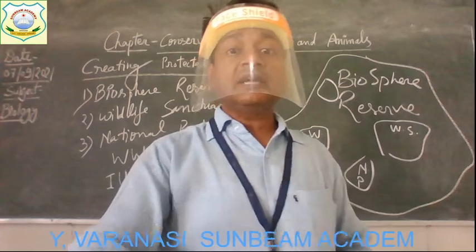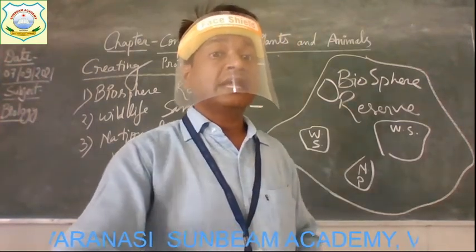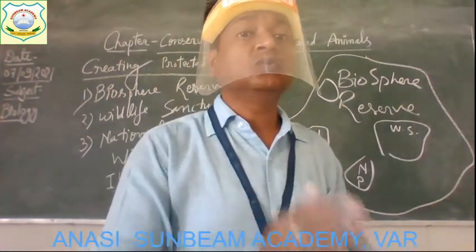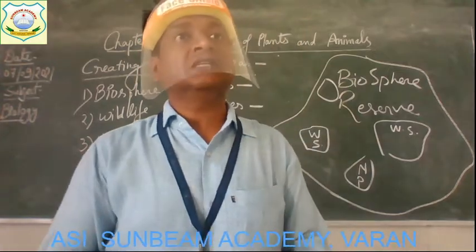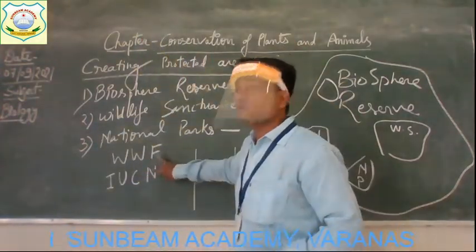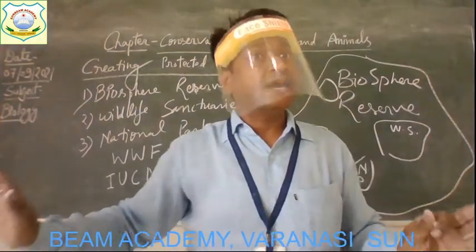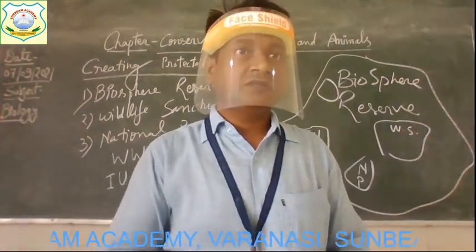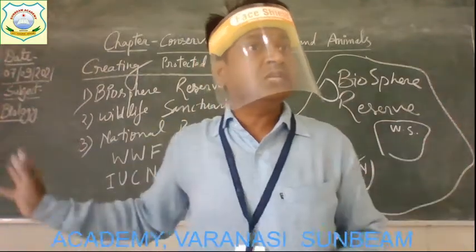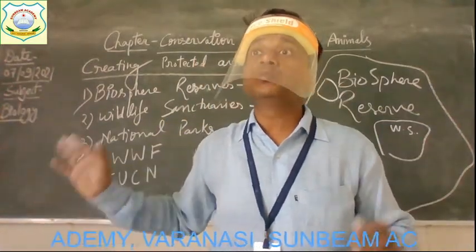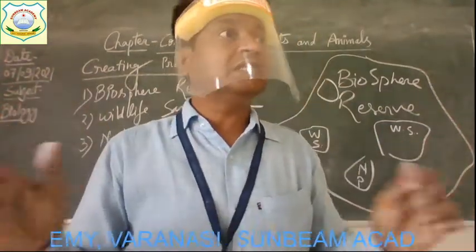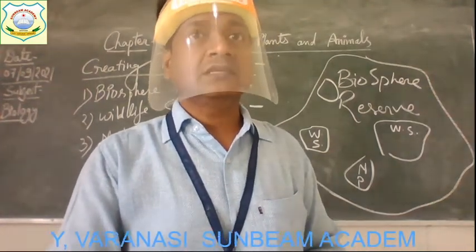So these are the international organizations that work towards wildlife conservation. What are these organizations working for? They are working for conservation of wildlife and forests. The main aim of these organizations is to protect different species of wild animals.